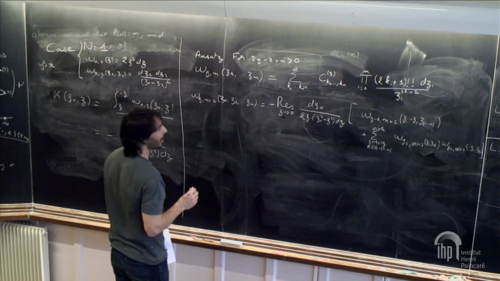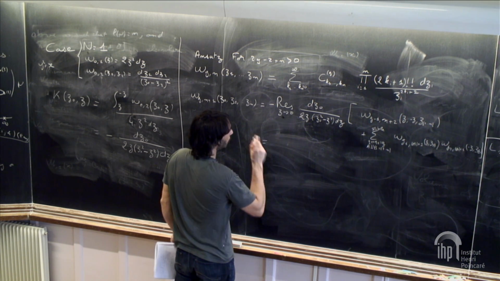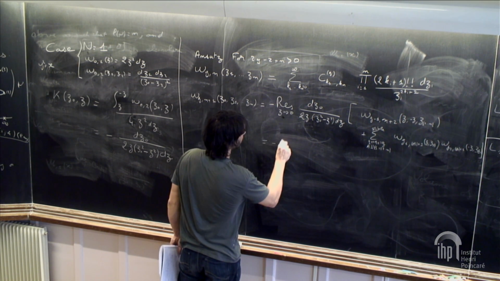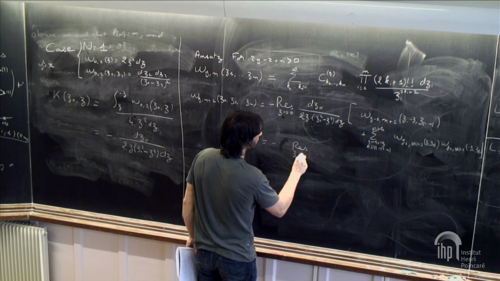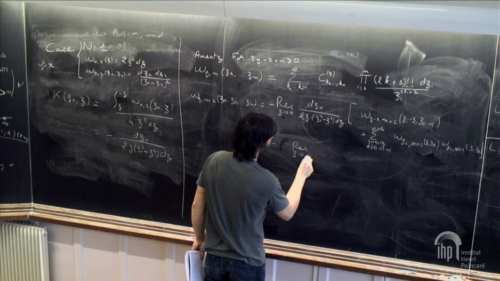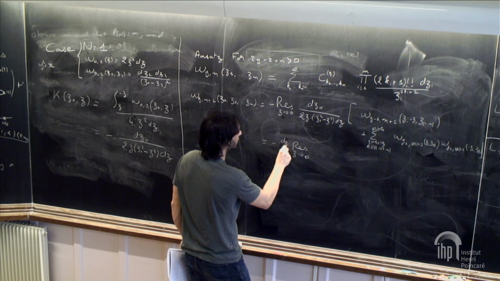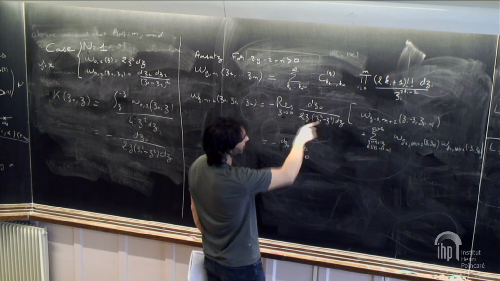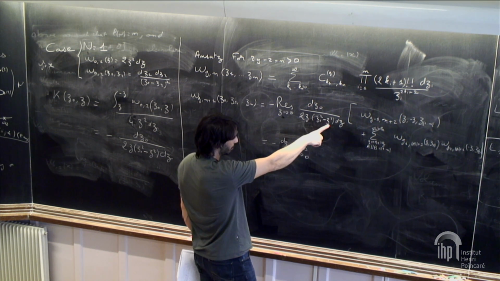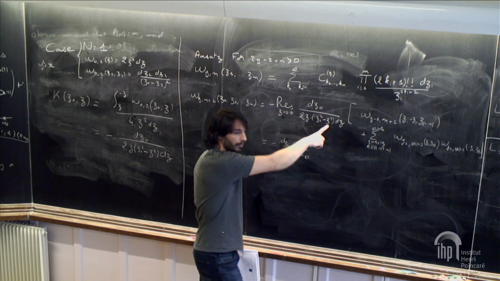Now, the way you do it is very simple. The only thing you need to do in order to proceed is the following. You want to compute the residue when z goes to 0 of this function. So d0 can go outside, and what is left is 1 over z times this. When z goes to 0, you can think of it as a geometric series in z square.